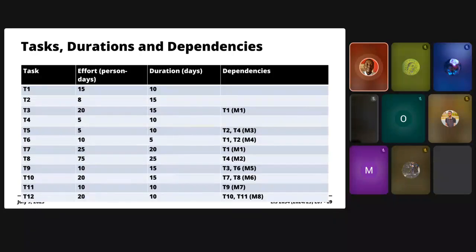Now, one of the things I want to draw attention to is that there's something very strange when you start comparing person days and duration. Why is it that the same task has an effort of 15 days, but the duration is 10 days? On the flip side, you have certain tasks like task number 9, where the effort is 10 days, but the duration is 15 days.